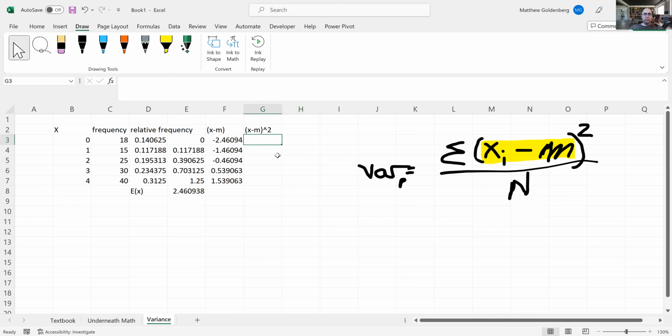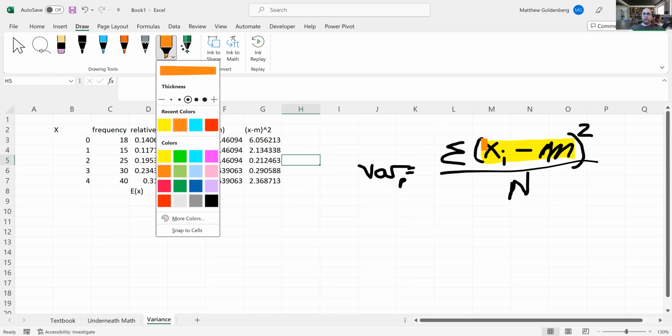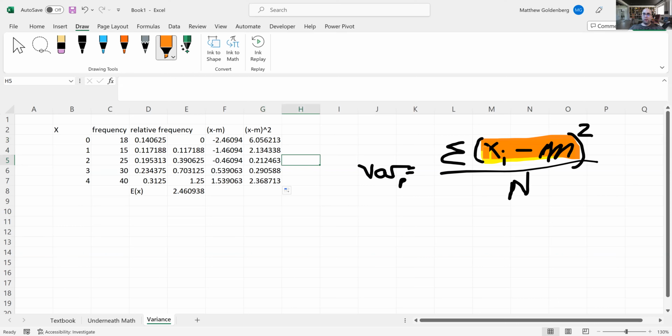And so if you remember, we have to remove the direction. So we're going to take our deviation and we're going to take out its direction with the square. I'm going to pull that down. Now I'm going to highlight this in a different color. Now we've accomplished what's in orange.